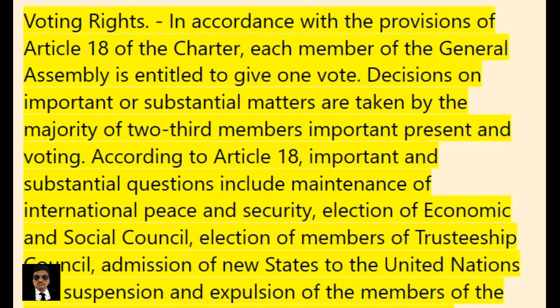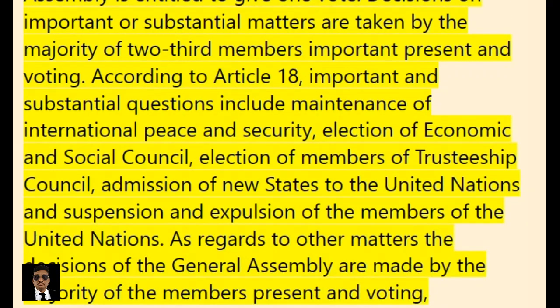According to Article 18, important and substantial questions include maintenance of international peace and security, election of Economic and Social Council, election of members of Trusteeship Council, admission of new states to the United Nations, and suspension and expulsion of the members of the United Nations.